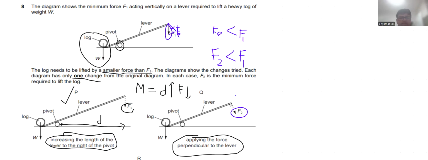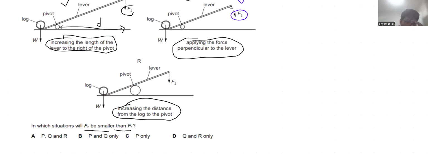The last one, R, increasing the distance from the log to the pivot. When you're doing this, you're increasing the anti-clockwise moment. So a larger clockwise moment is needed to cause the object to rotate.